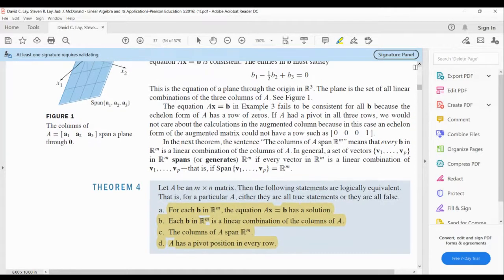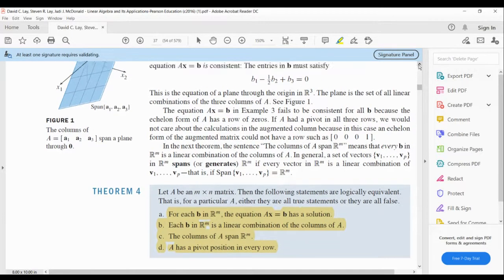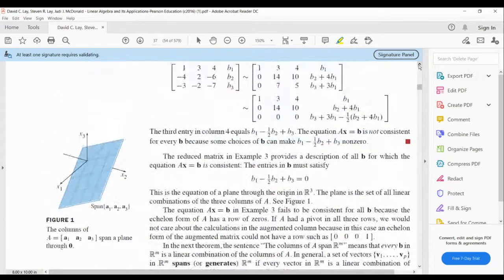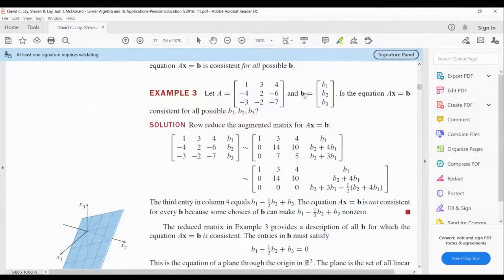So they give an example here where they give a matrix A and a vector B, and they ask, is the equation AX equals B consistent for all possible vectors B1, B2, B3? And they do row operations.